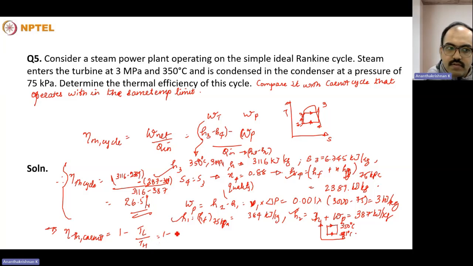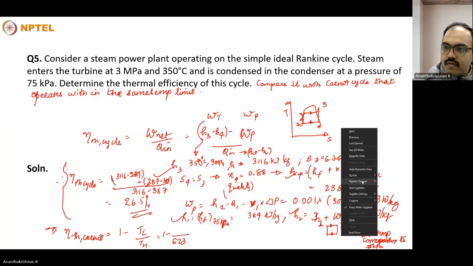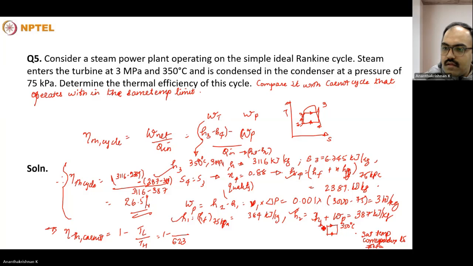So 350 degrees Celsius is 623 Kelvin, and T low, the saturation temperature corresponding to 75 kilopascal, is 91 degrees Celsius, that is 364 Kelvin. So we'll get an efficiency of 41.5%.